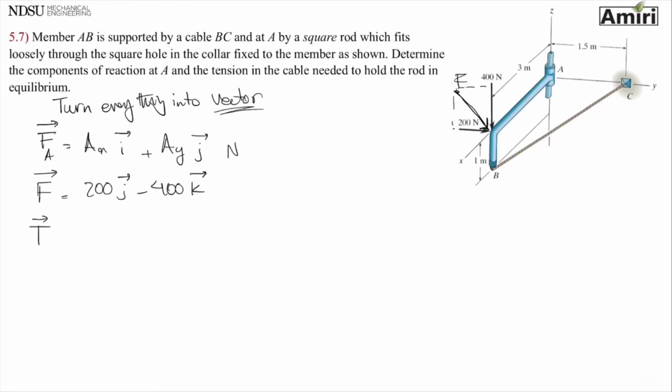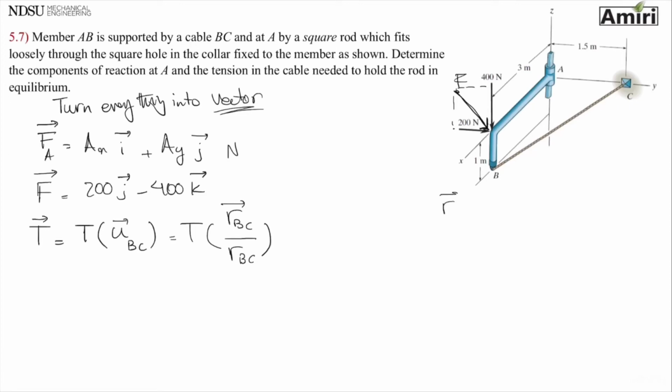The other force that I have is force of tension in cable BC, which is going to be tension times unit vector of BC. We're going back to previous chapters. Unit vector of BC is going to be RBC over magnitude of RBC.